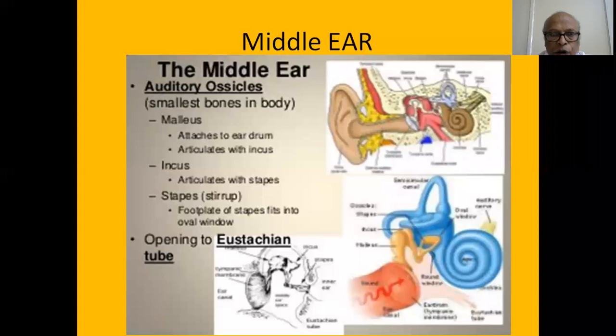The anterior wall of the middle ear is separated from the temporomandibular joint by a very vital structure, that is the internal carotid artery.